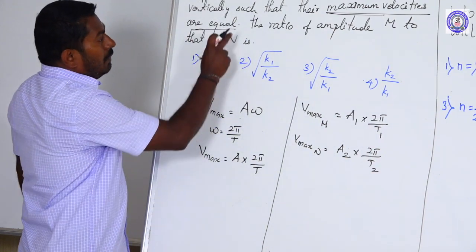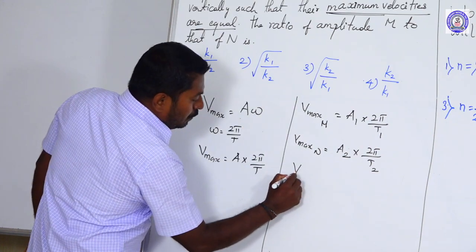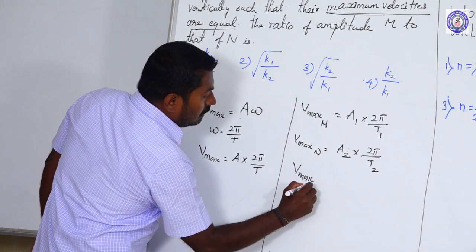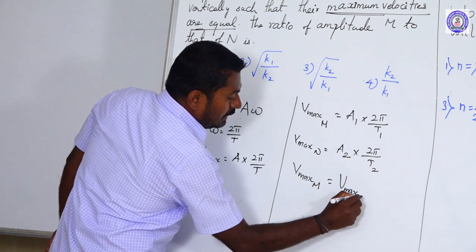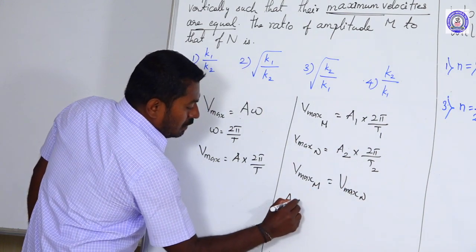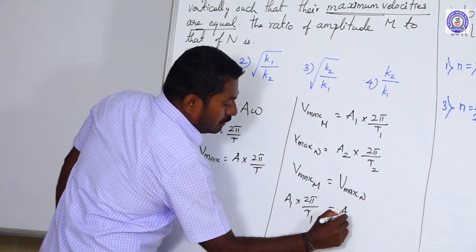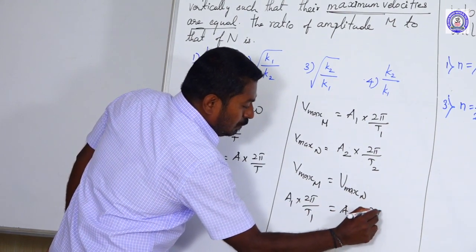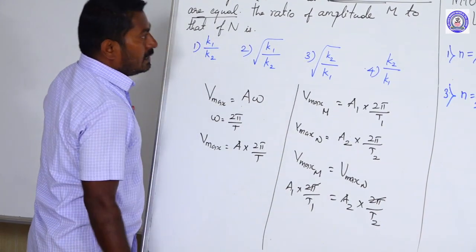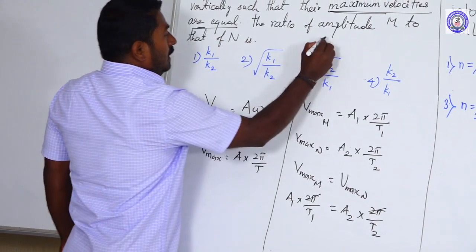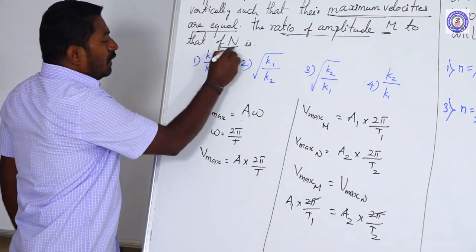Here the maximum velocities of both the bodies are equal, so v maximum of m is equal to v maximum of n. So a1 into 2 pi divided by t1 is equal to a2 into 2 pi divided by t2. 2 pi gets cancelled. Our aim is to determine the ratio of the amplitude of m to that of n.